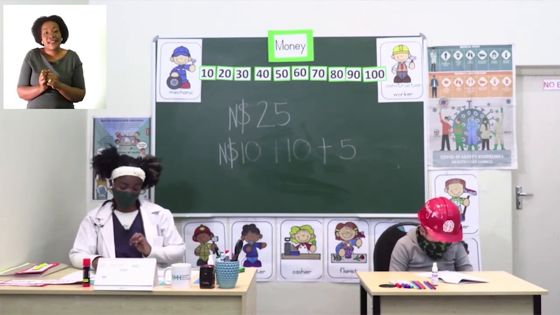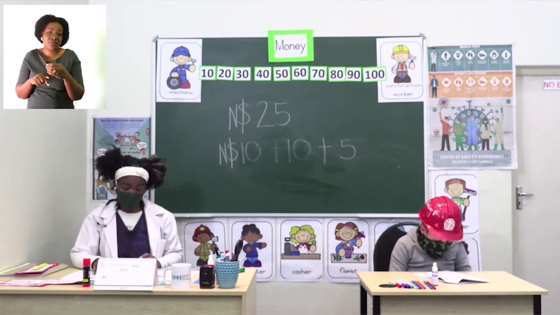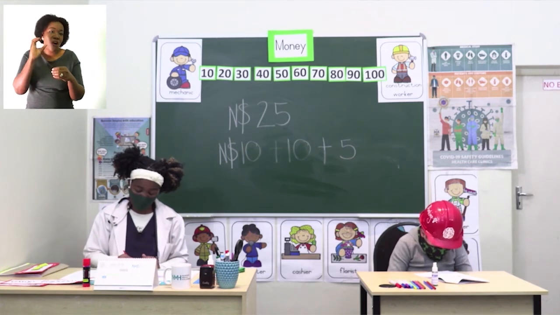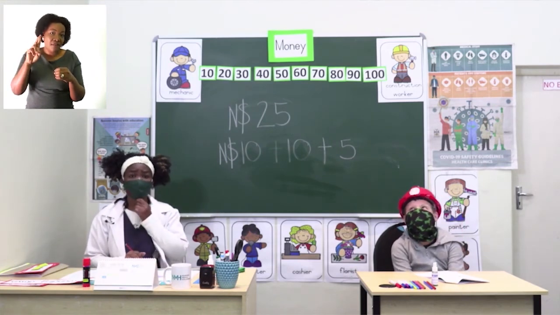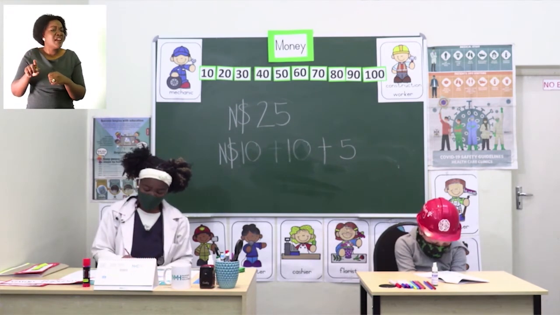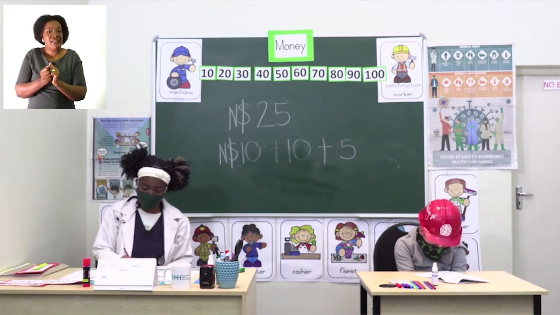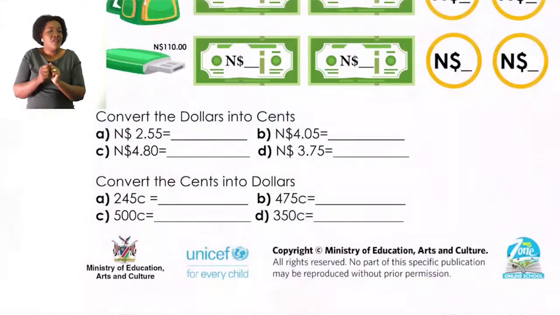Now there at the bottom, it says convert. What does the word convert mean? What do you think it means? It means change. When you are converting something, you are changing. Now we are going to learn how to convert the dollars into cents.